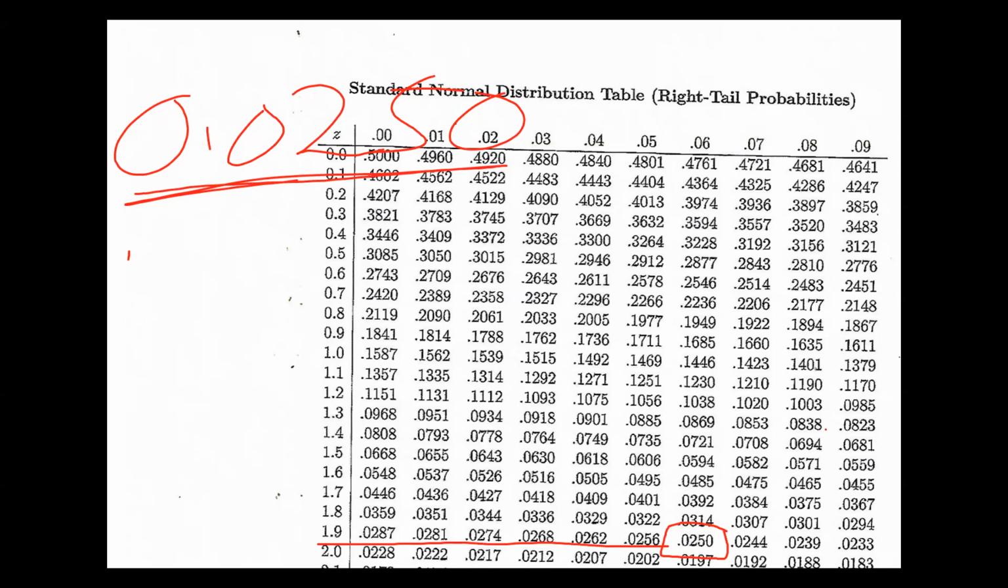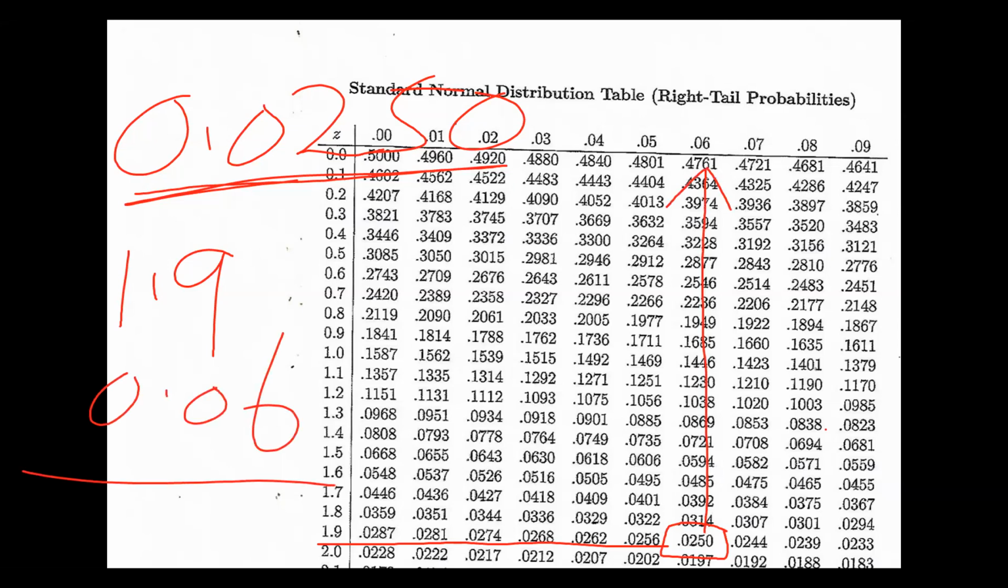You get this figure, 1.9, right? Yes, then you move upward. You get the second decimal place, which is 0.06. You add, you get 1.9 what? 6, isn't it?